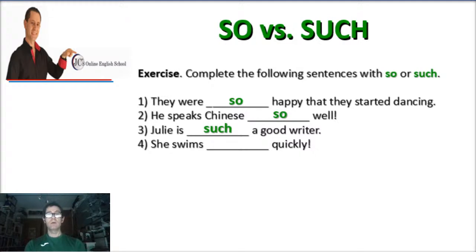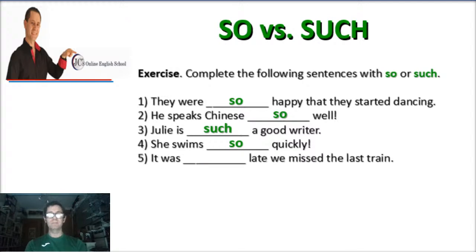Is it so or is it such? Okay, Jose Maria, number 3 is correct. And number 4, she swims so quickly, because you only have an adjective. Very good, Rosa. She swims so quickly. So for number 4, the answer is so.